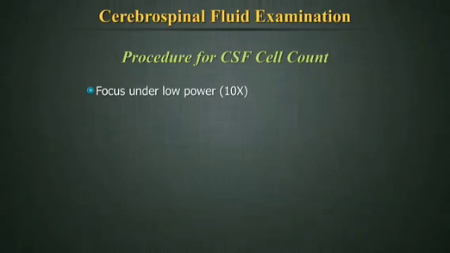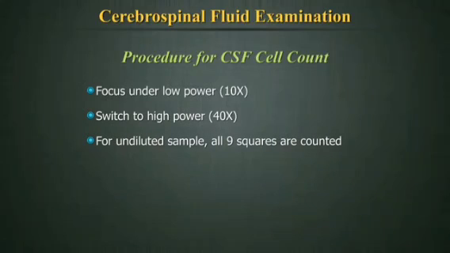Focus under low power and adjust condenser and diaphragm for maximum visualization. Switch to high power or 40x. Adjust if necessary. For an undiluted sample, usually all 9 squares are counted.